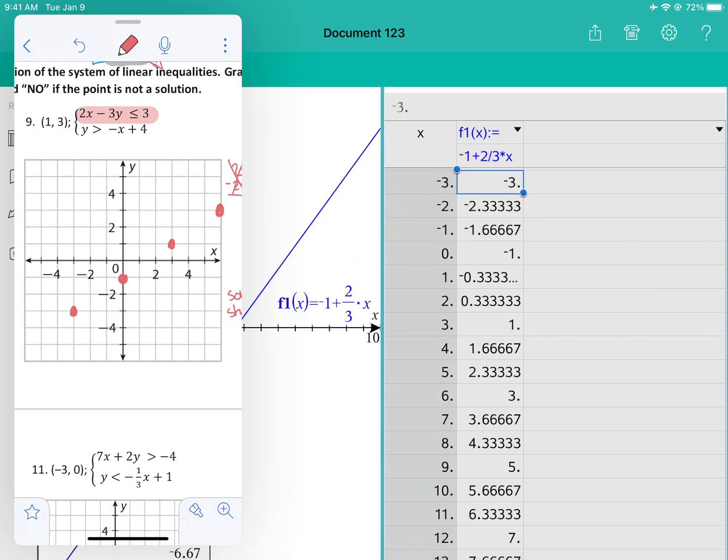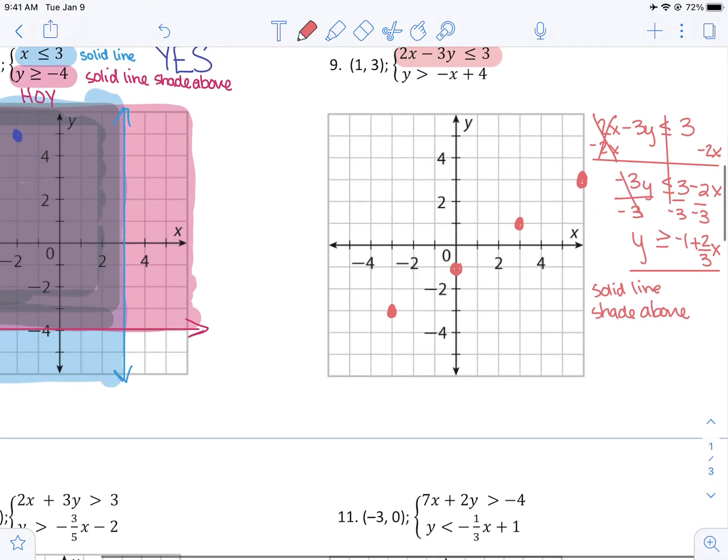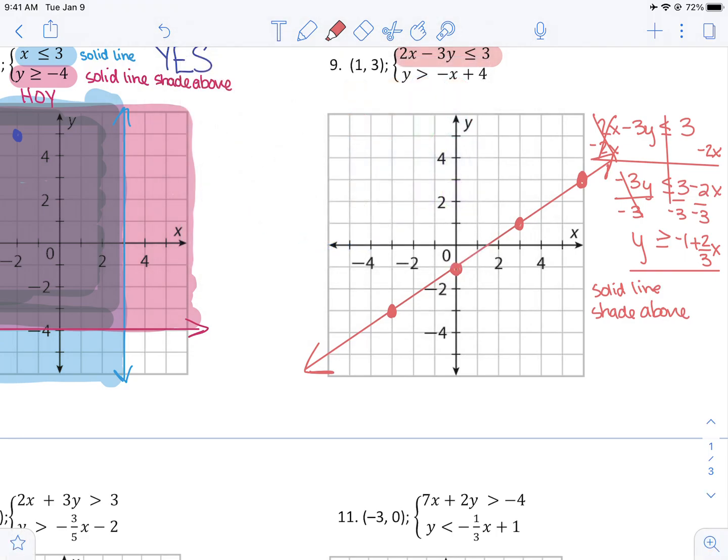Okay, going back to just the notes. Again, we said it was a solid line. And we're going to shade above, which is this area right here.